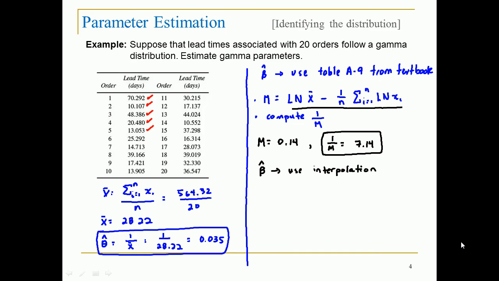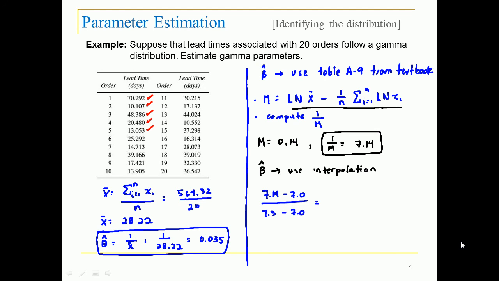So we have those numbers, so I'm going to interpolate between those ranges. So we go 7.14 minus 7.0 divided by 7.3 minus 7.0.